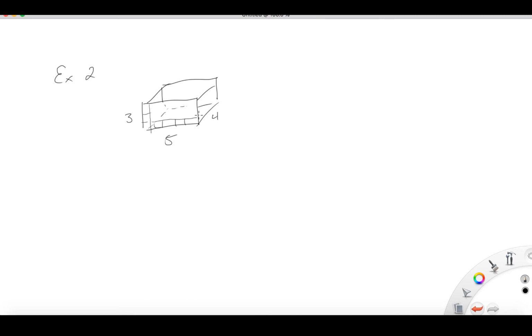There's 5, and then if we did 4 down here, 2, 3, 4. So how many cubes would be in this volume? Well, it would be 3 times 5 times 4. I like to look at it this way. 5 times 4 is 20, and then 20 times 3 is 60. So there are 60 total cubes.